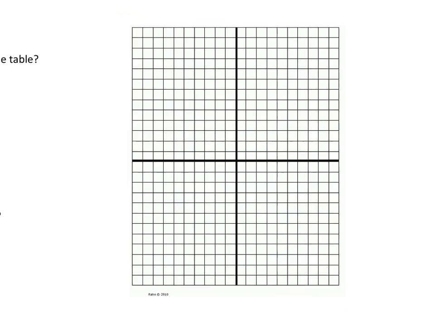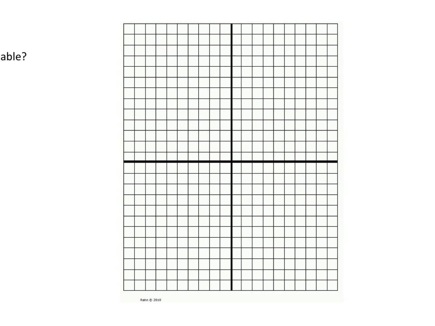So I'm going to plot the point -1, 8. So I go out 1, up 8, 1, 2, 3, 4, 5, 6, 7, 8. I'm going to plot the point 0, 3, so I go out 0, up 3, 1, 2, 3. Going to plot the point 1, 0, so I go out 1, up 0.